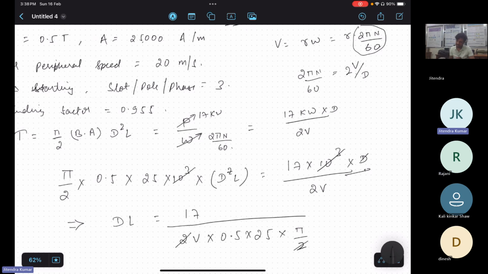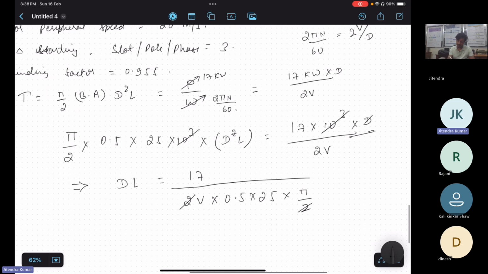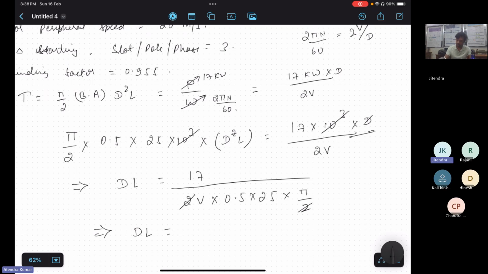So this also we can cancel out, and we will get the value of DL from this expression. 17 by 2 into 5, and V also we are given as 20 meter per second. So V you can write as 20. Now I think you can calculate.